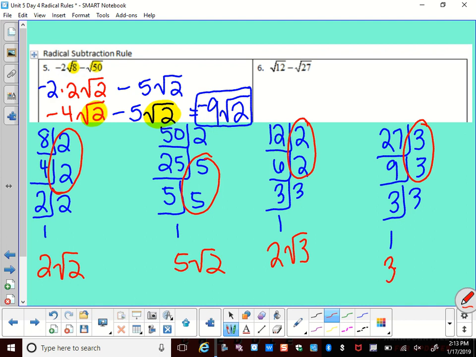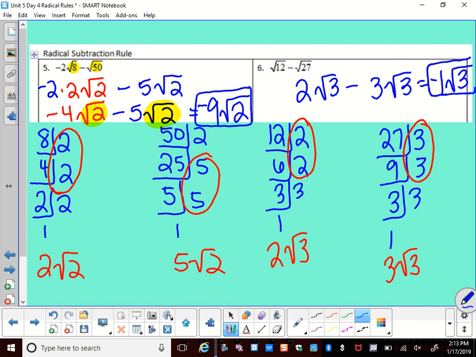So my answer is 3 root 3. So all we have to do is basically subtract these two. What is 2 times root 3 minus 3 times root 3? I just simplified both of these. -1 times the square root of 3. Because your radicals have to be the same.